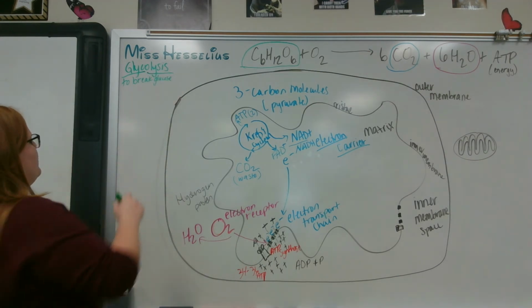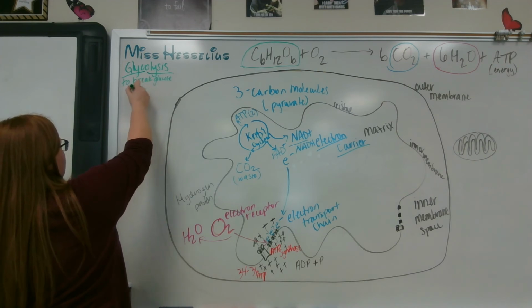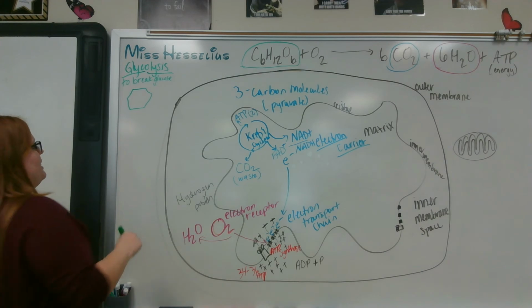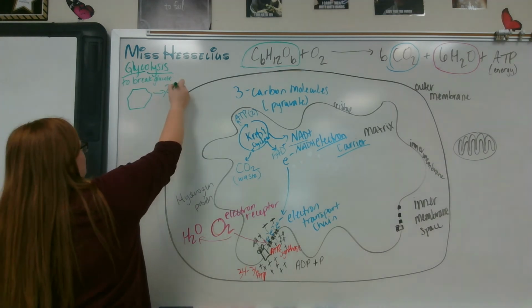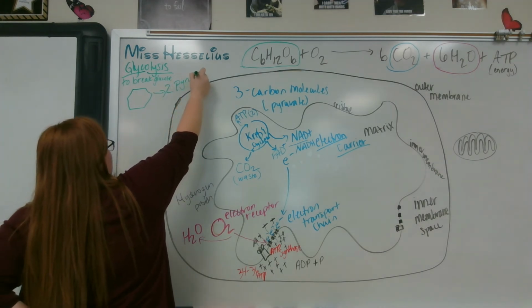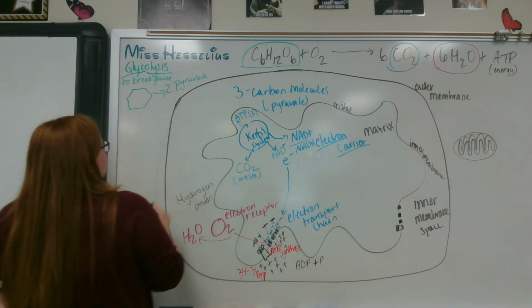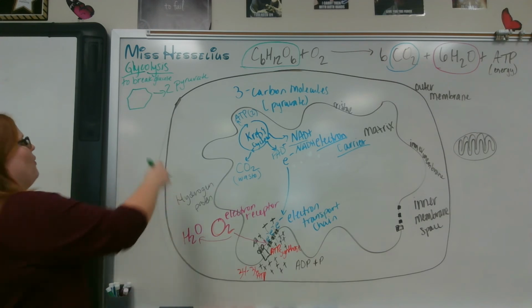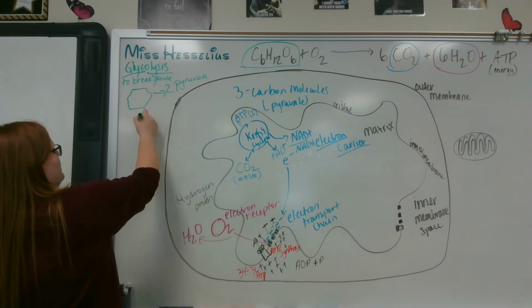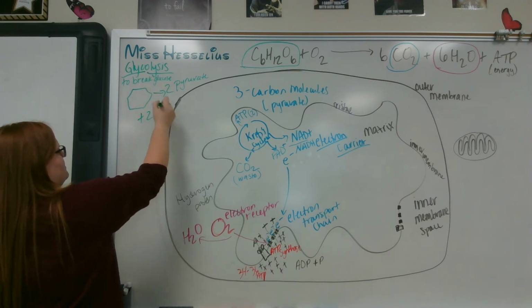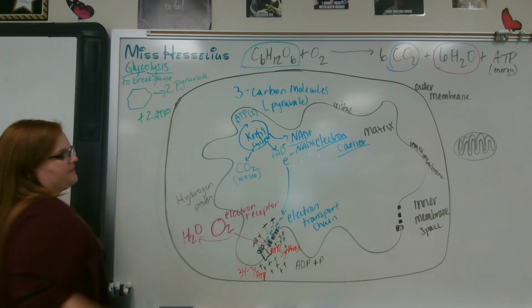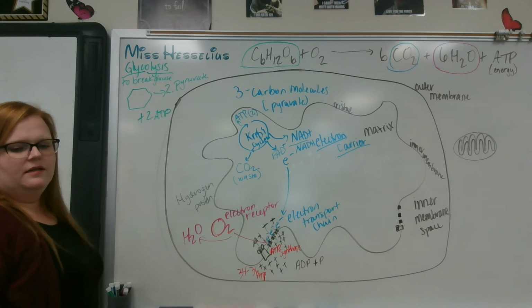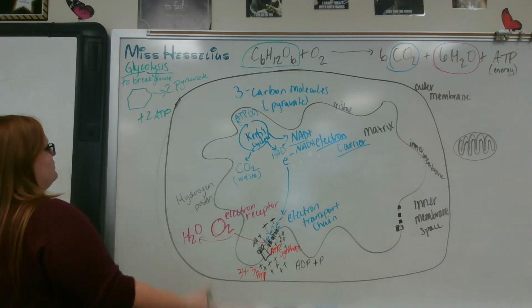So this process breaks glucose, which is a 6-carbon molecule, in half into 2 pyruvate molecules, which are these 3 carbon molecules that I talked about over here. While it does this, glycolysis also makes 2 ATP. It has a net gain of 2 ATP.